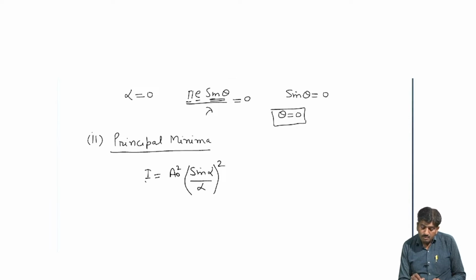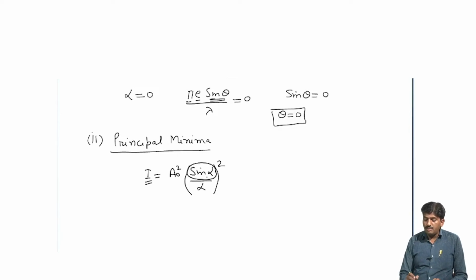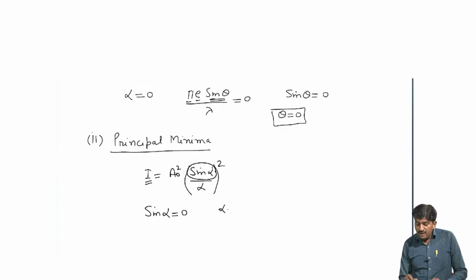If we want minimum intensity, it means sin alpha should be minimum. If sin alpha is minimum, it means it should be equal to 0. But if sin alpha is 0, then alpha becomes equal to 0, and alpha equal to 0 is the condition of principal maxima. We have already seen it. It means sin alpha should be equal to 0 for principal minima, but in such a way that alpha is not equal to 0.